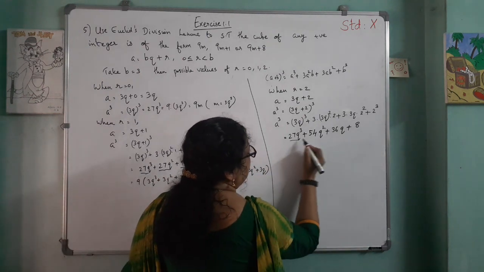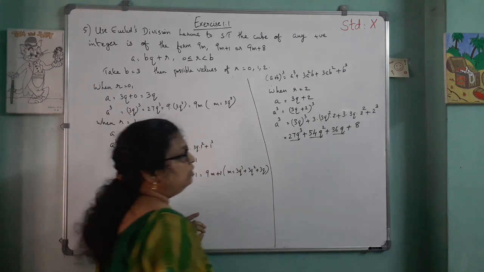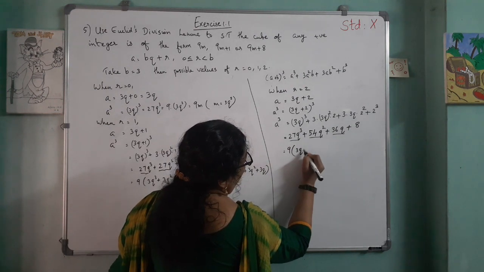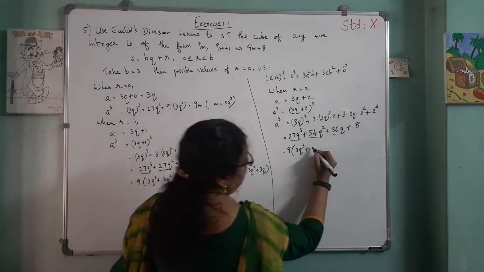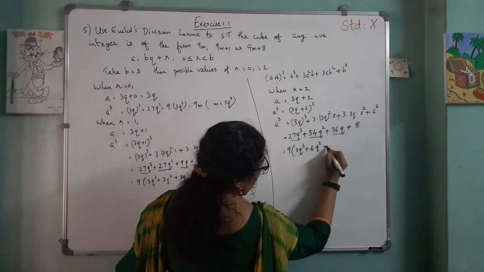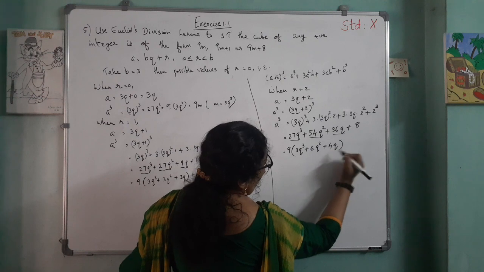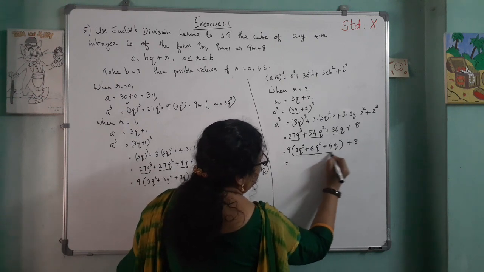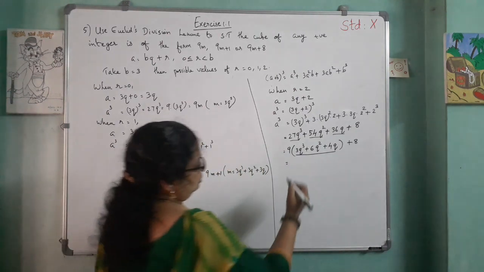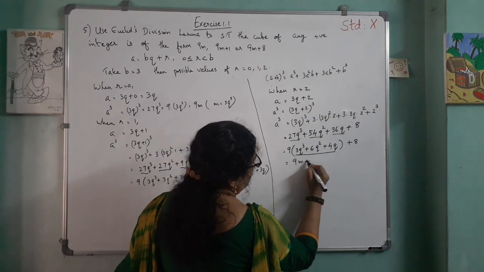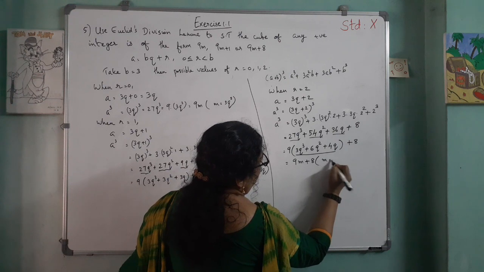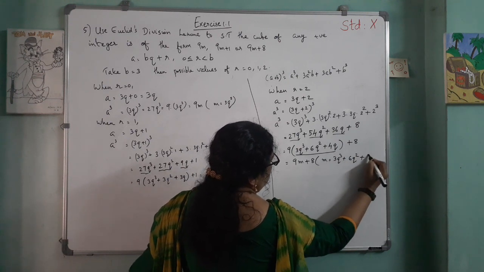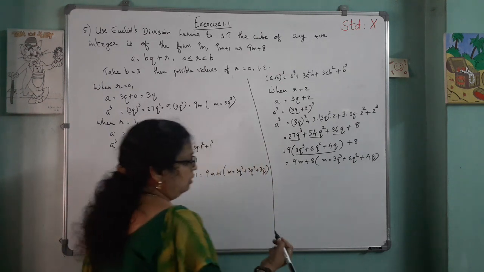So here this term and this term, 9 taken outside, 9 into here 3q cube plus 9 6s are 54, so 6q square plus 4q, then bracket close, plus 8. Here this term we can write as m. So 9m plus 8, where m equal to 3q cube plus 6q square plus 4q.